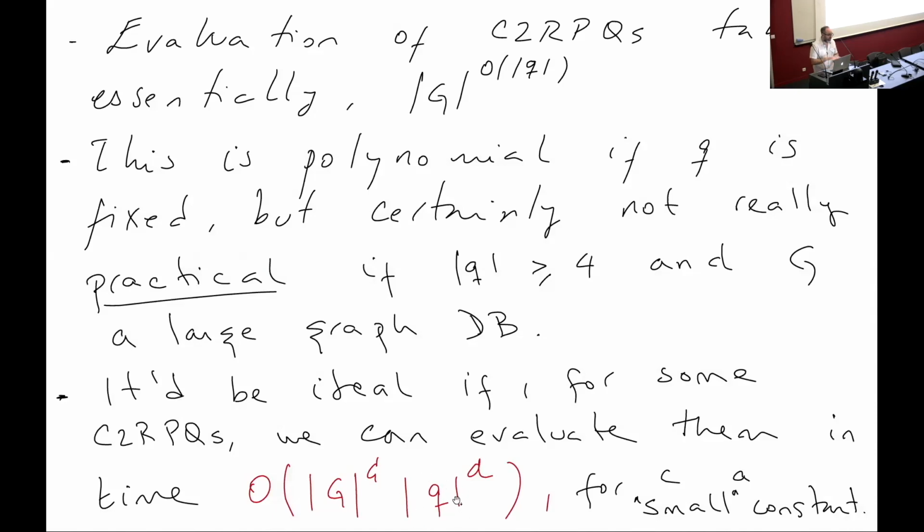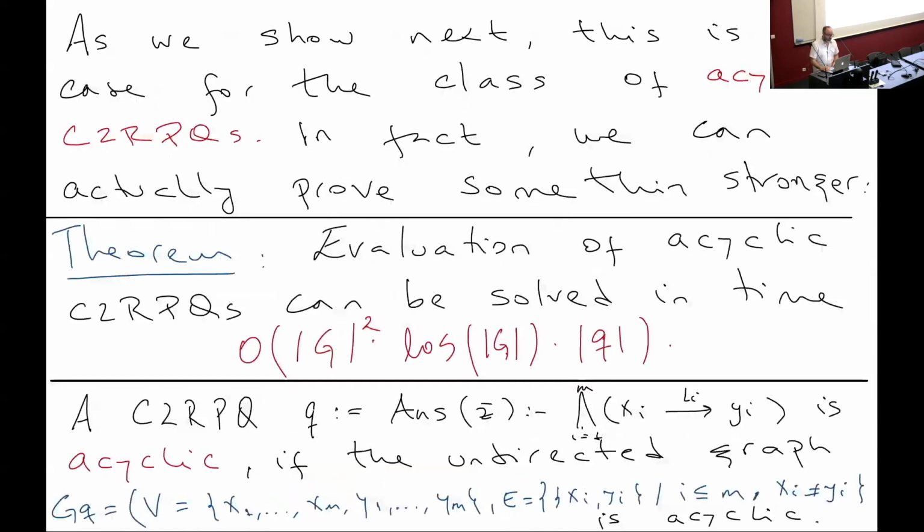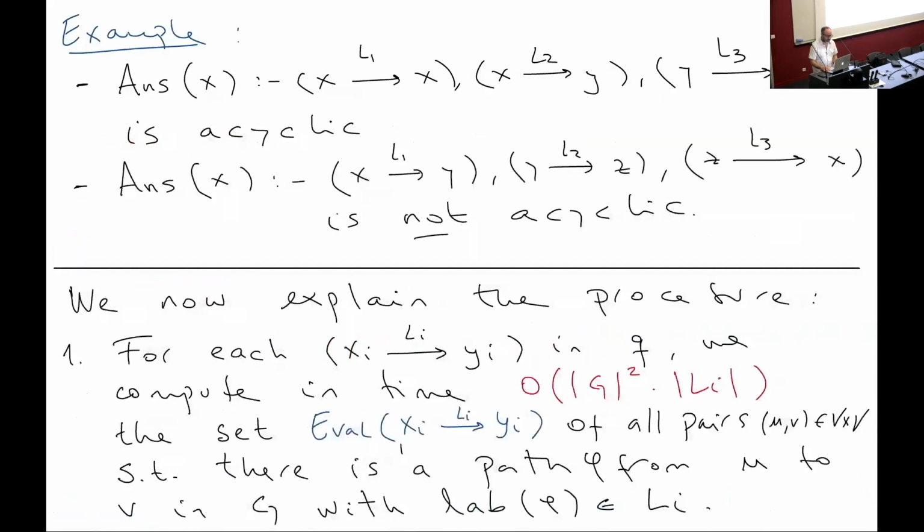So we have split the dependence on the graph database from the dependence on the query. And what we notice is that as long as the query is acyclic, then we can solve this problem in polynomial time with the required condition on the dependence on the query and the dependence on the graph database.